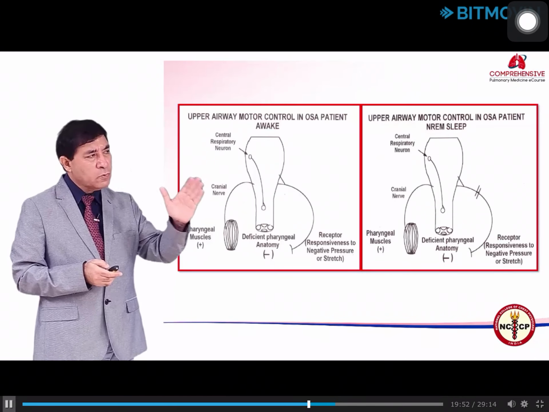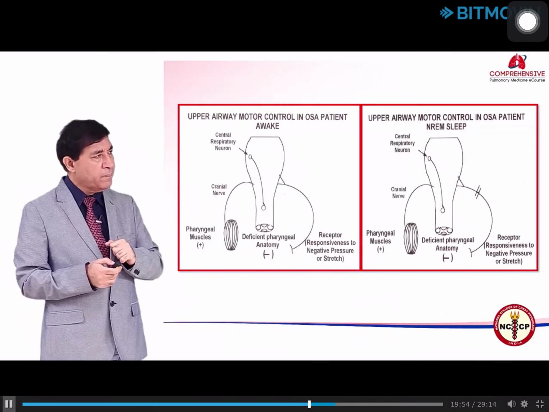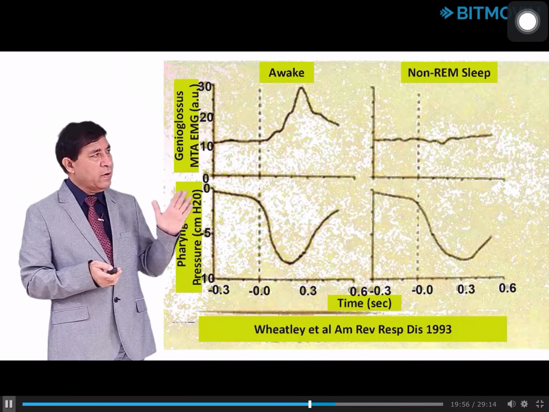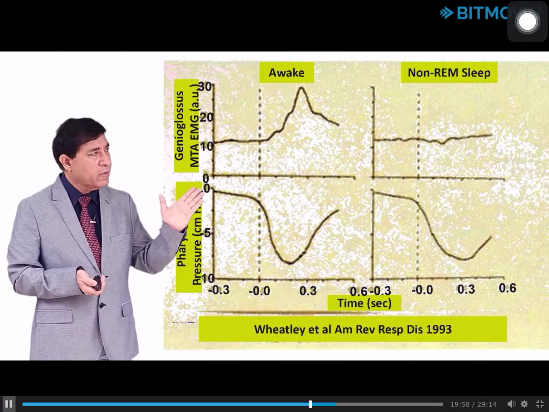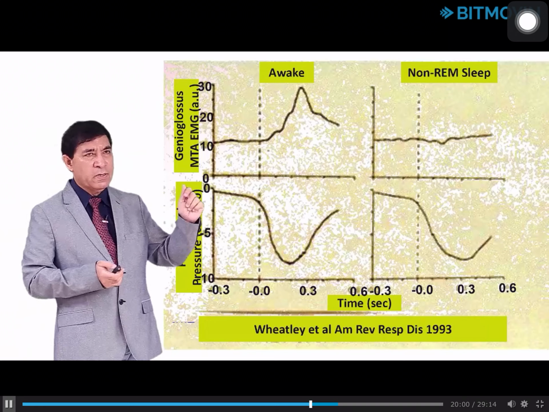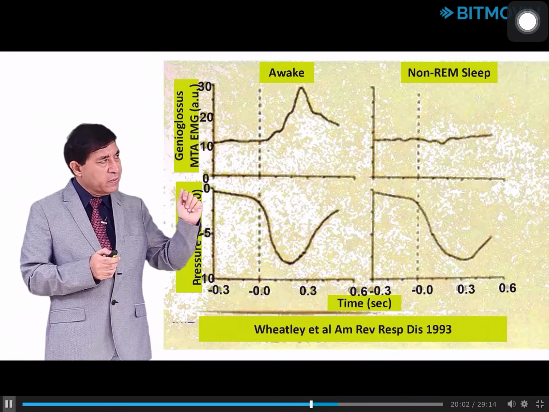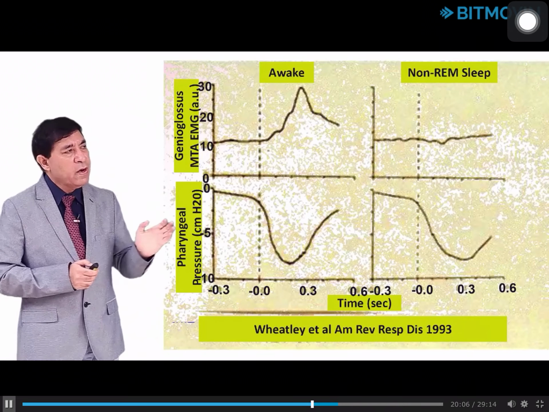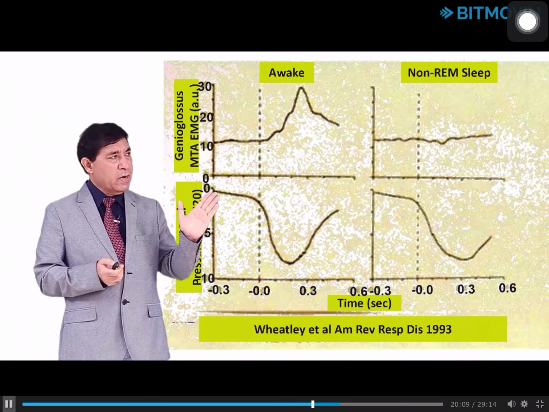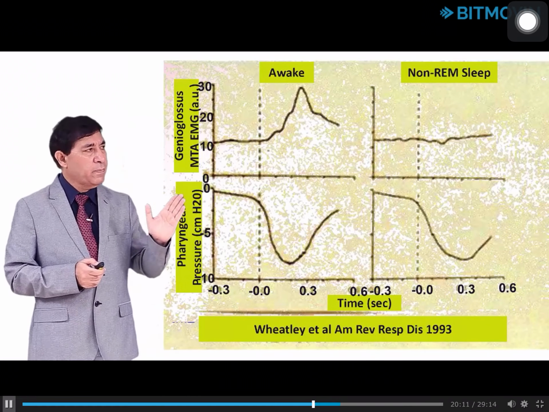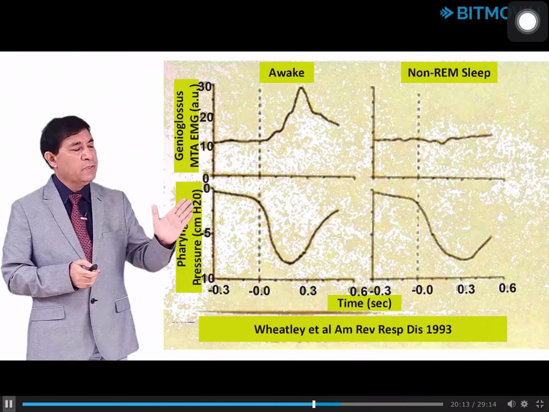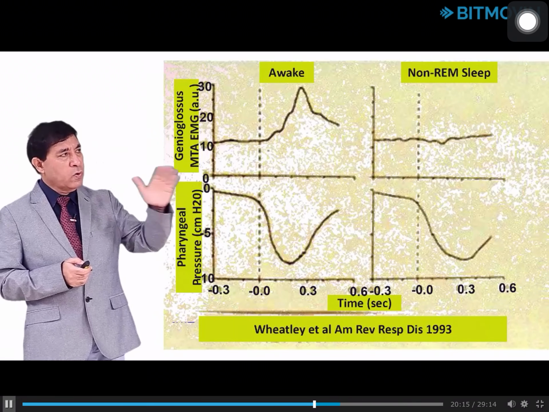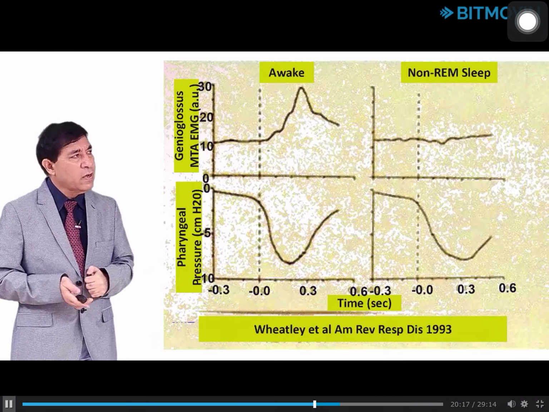Now what happens to this reflex activity in sleep? Here you can see on the left side, the person when he is awake, and if you give a negative pressure stimulus in the pharynx, you can see that genioglossus muscle activity has markedly increased. Whereas on the right side, when the person is in non-REM sleep, if you give a negative pressure stimulus, there is no increase in the genioglossus muscle activity.